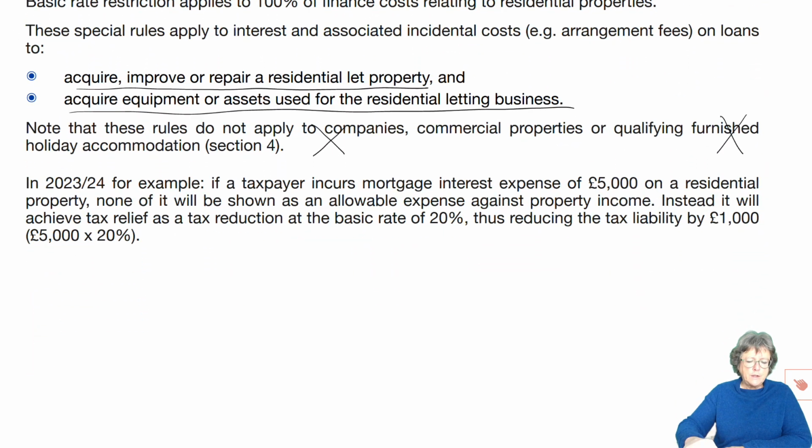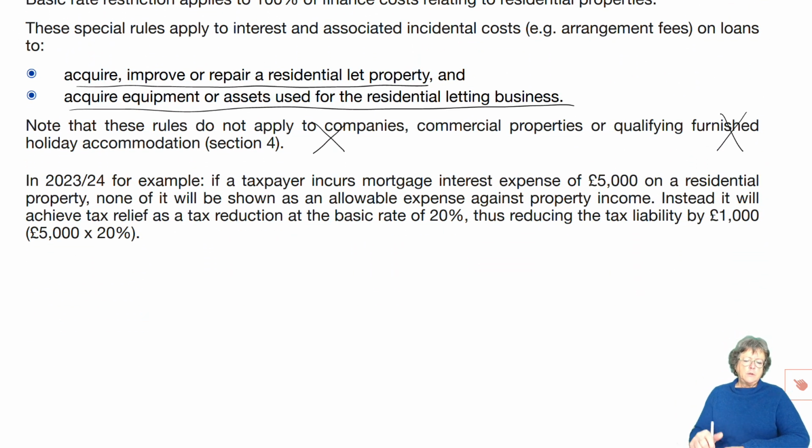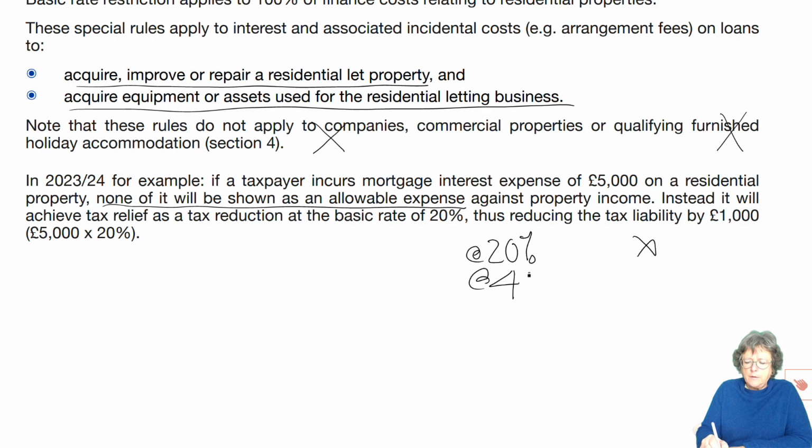So if in 23-24 a taxpayer incurs mortgage interest expense of £5,000 on a property that they let out, none of it is shown as an allowable expense against the property income. Instead, it will achieve tax relief as a deduction at 20%. So when you do your tax computations, you work out at 20% and you work out at 40%, and you get a total.